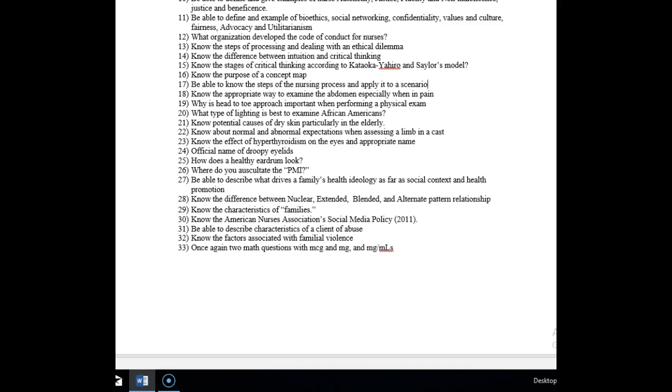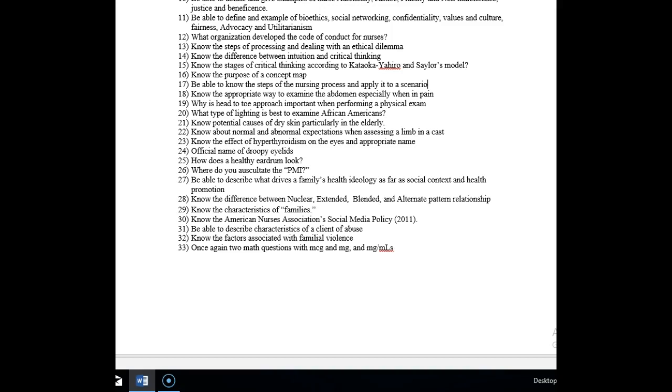Basically, older people have less collagen and less cushion or elasticity, and as you get older, a lot of things tend to change on a person.